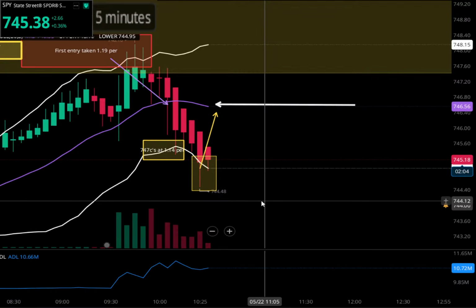Technically within the structure, which I'm not going to show here, we do have a very large cup and handle built, and this is likely the handle of a smaller cup waiting to take us to the upper 749 range. So the first entry calls are still a little red, but the second entry calls are definitely helping pick up the weight quite a bit.